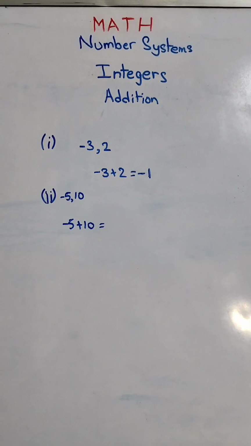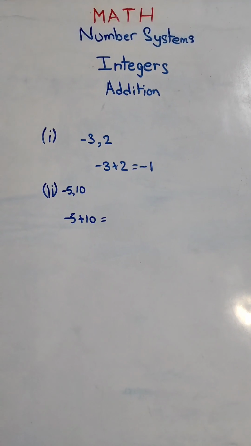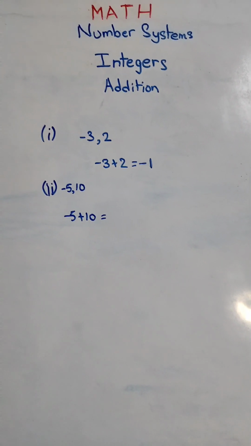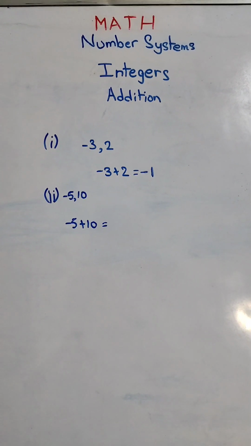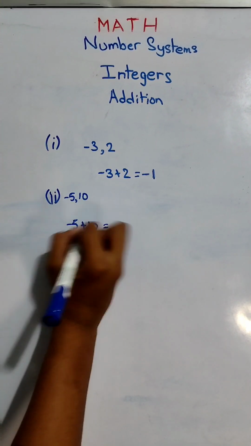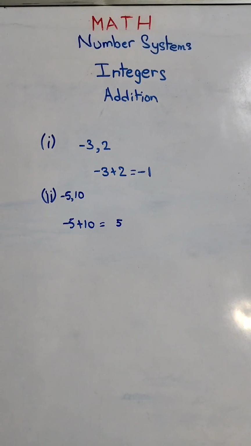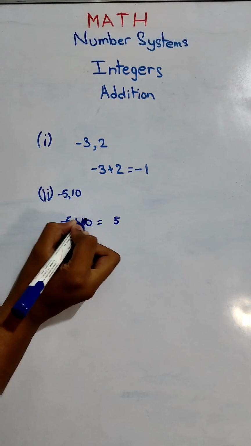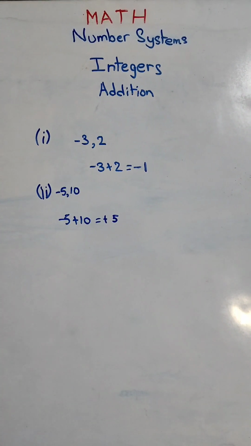As I said earlier, first subtract both the numbers as they are of opposite sign. 10 minus 5 is 5, therefore we get 5. And the bigger number's sign in this case is 10, which has a plus, and therefore it's plus 5, or just plain 5.